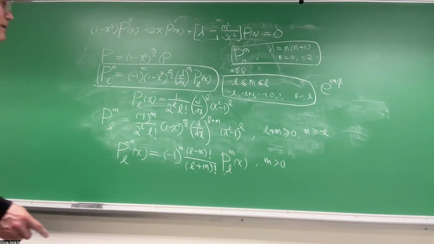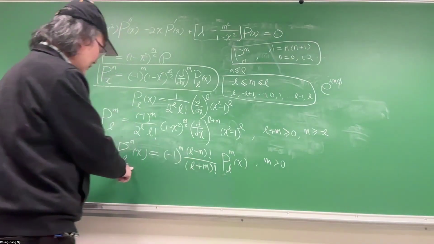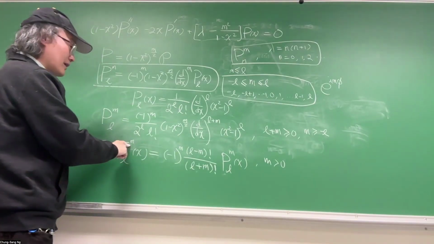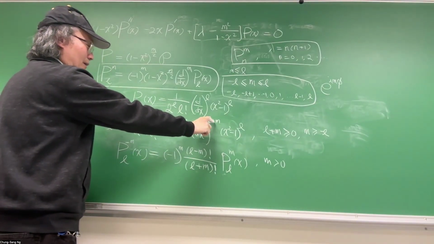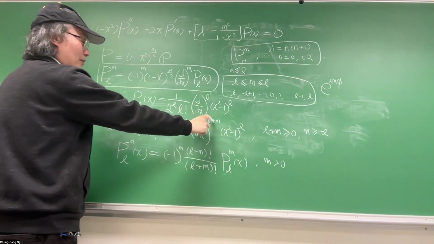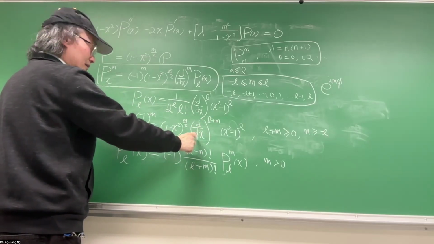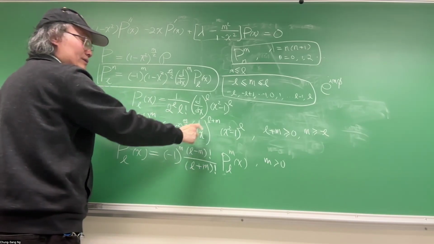And for this one, you're taking L minus M, so this is negative, you take L minus M derivatives, so you're taking fewer derivatives than L.